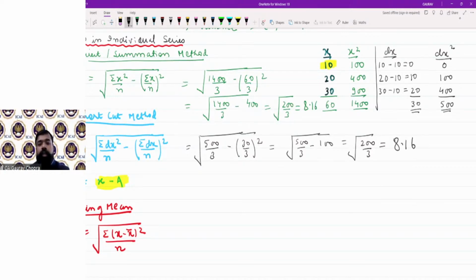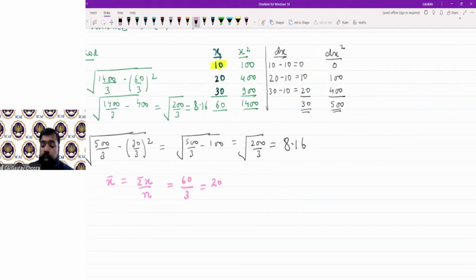Now let us try the third one. For the third one, that is using mean, we have to calculate the arithmetic mean first, x bar. So x bar will be sigma x upon n, the sum of all observations divided by the number of observations. Sigma x is 60 upon n, n is 3. So it will be 20. X bar is 20.